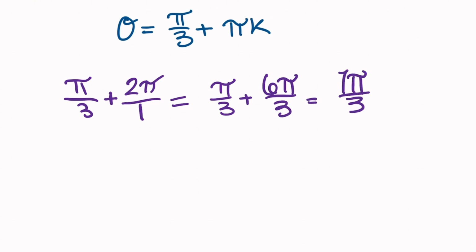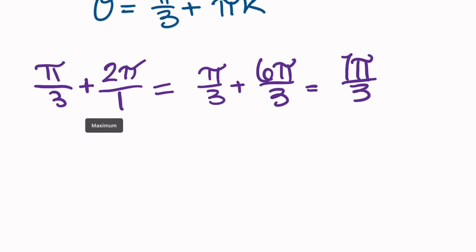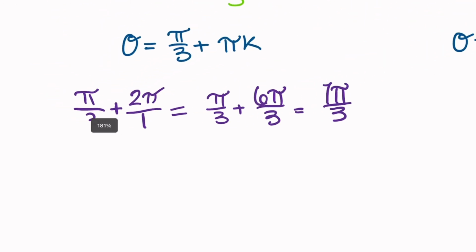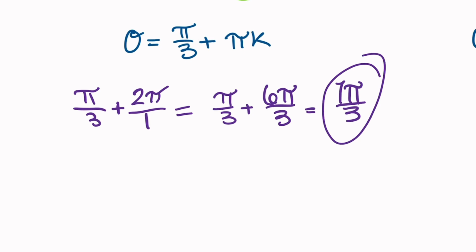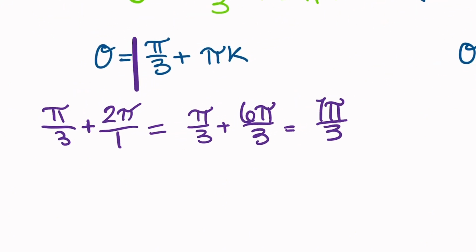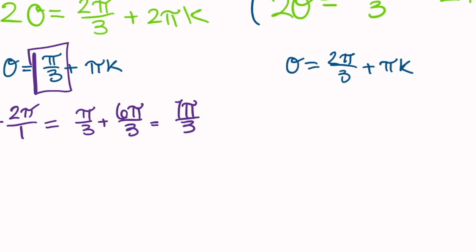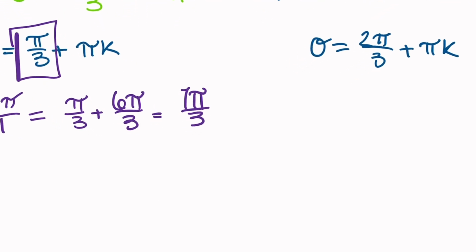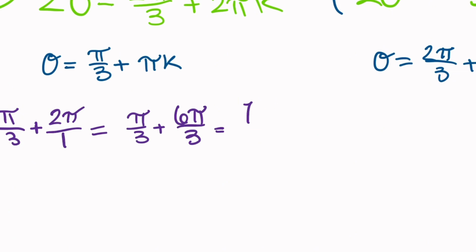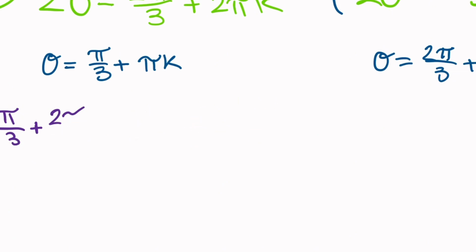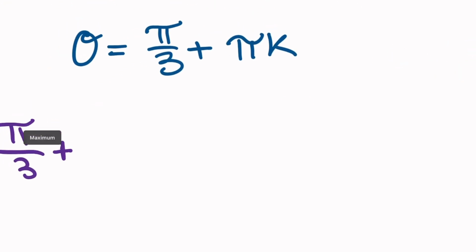And this is tricky because we don't see this appear on our unit circle. Okay, guys, so I actually messed up, as opposed to adding 2 pi, like I just told you guys.